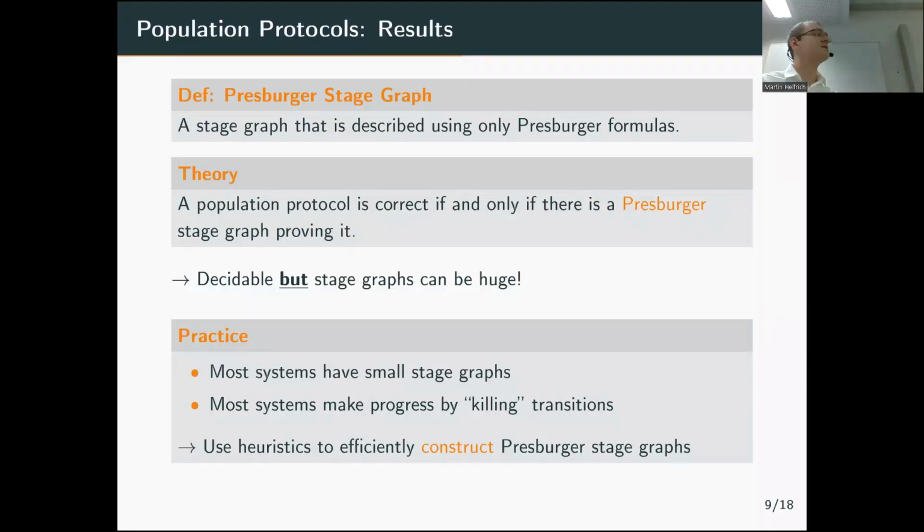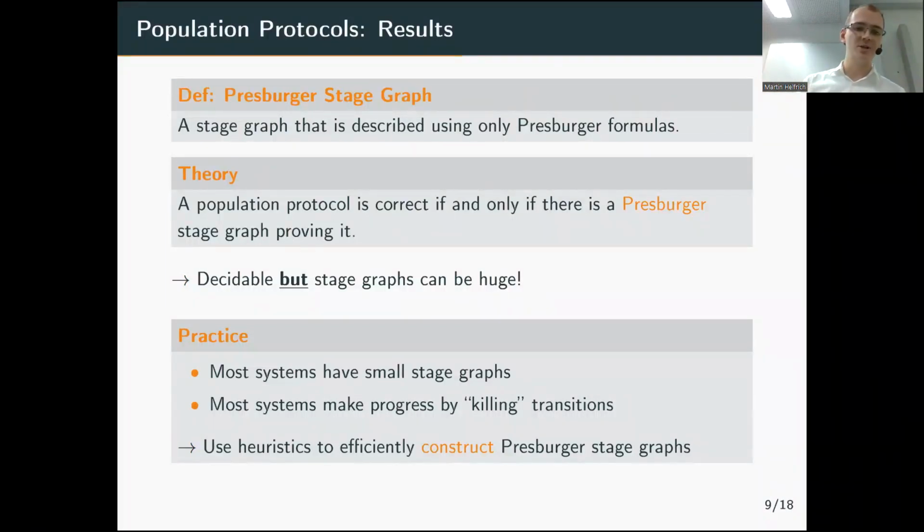And most systems make progress by killing off transitions. What do I mean with that? I mean that some of the transitions, some of the rules, become useless at some point. And we can use these 2 properties to find, or basically use heuristics to construct, a Presburger stage graph that proves most systems in the wild.